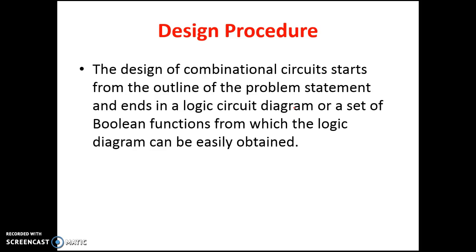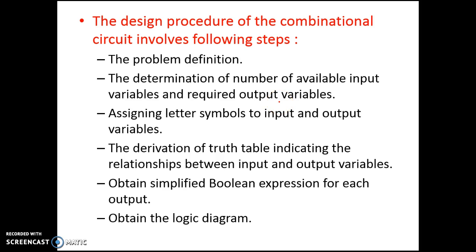Now the next topic is the design procedure of a combinational circuit. Start from the outline of the problem statement and end with the logic diagram, or the set of Boolean functions from which the logic diagram can be easily obtained. The design procedure of the combinational circuit involves the following steps. The problem definition: determine the number of variables, the available input variables, and the required input and output variables.